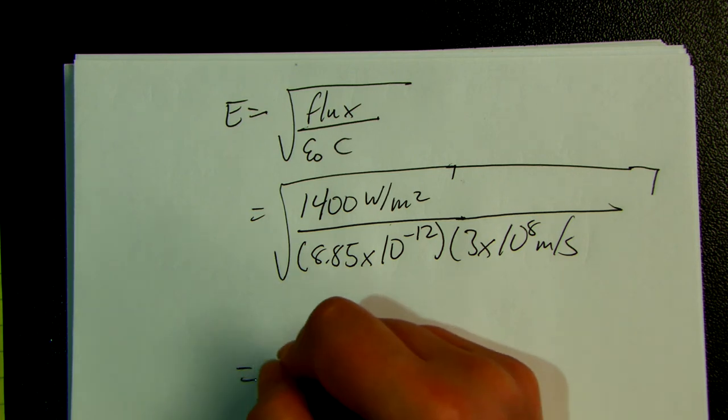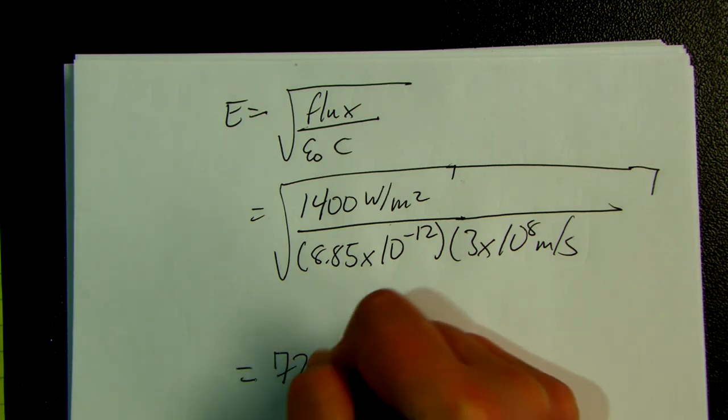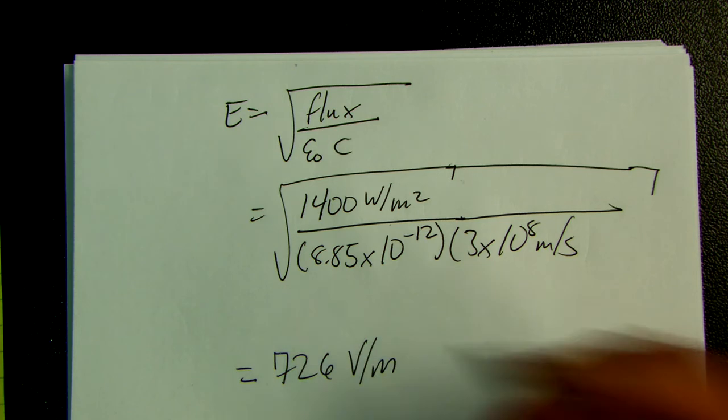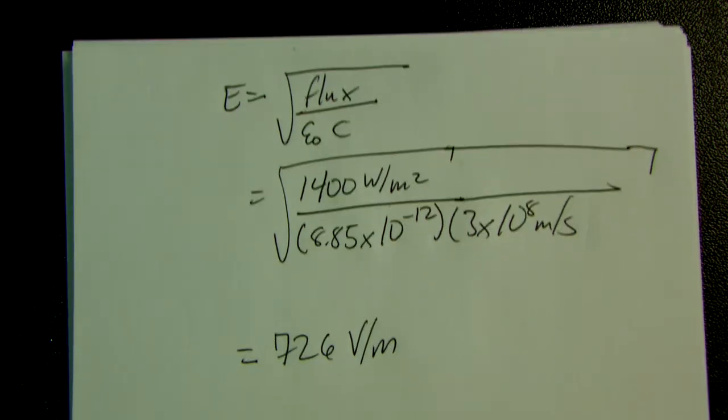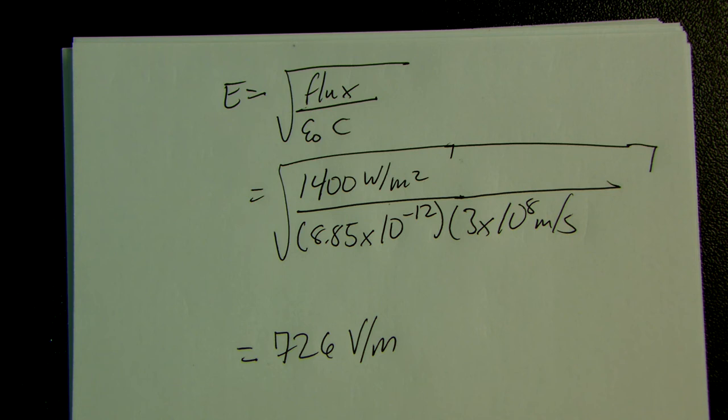And so we get 726 volts per meter, which is actually pretty close to the field we get from the sun all the time.